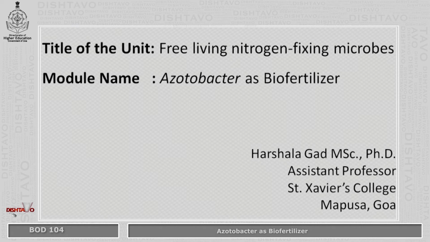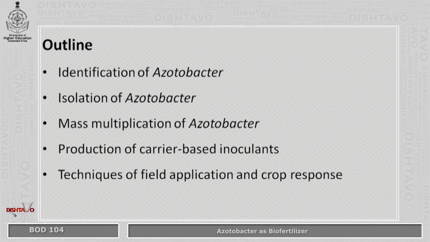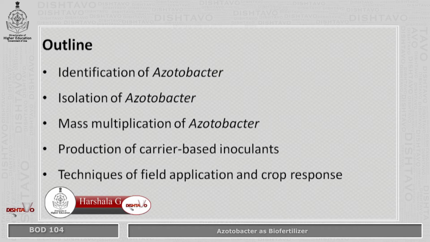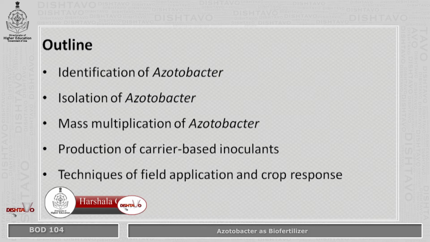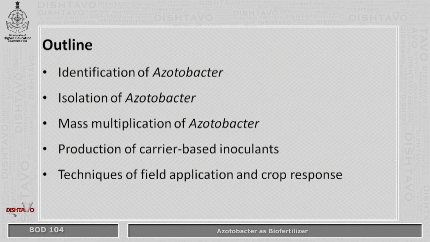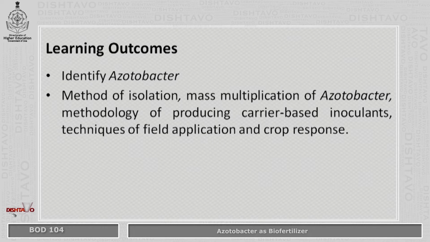Outline of this module: identification of Azotobacter, isolation of Azotobacter, mass multiplication of Azotobacter, production of carrier-based inoculants, techniques of field application, and crop response. The learning outcome of this module is to identify Azotobacter.